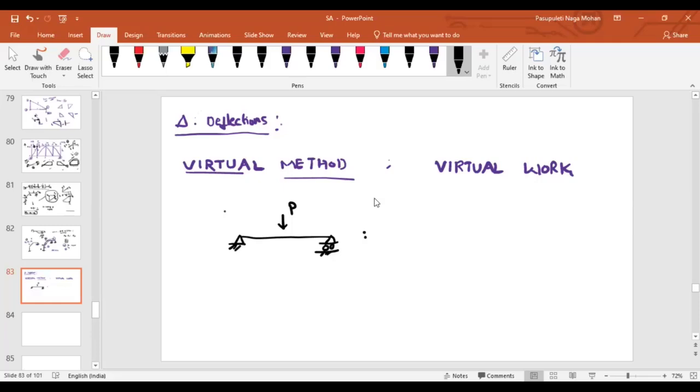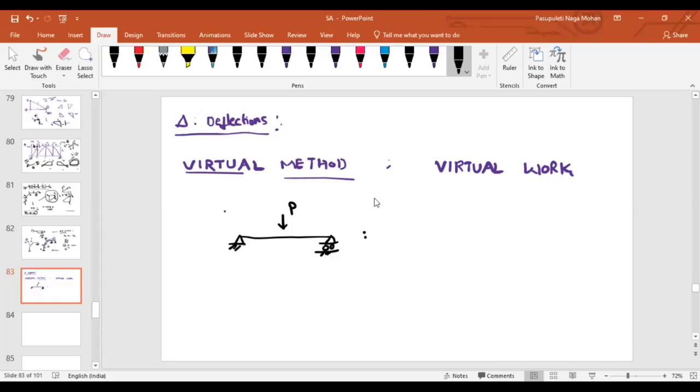If any object is in equilibrium, if you apply a virtual displacement or apply a virtual force, then the net work done won't be affected. That means the change in work done will be equal to 0.